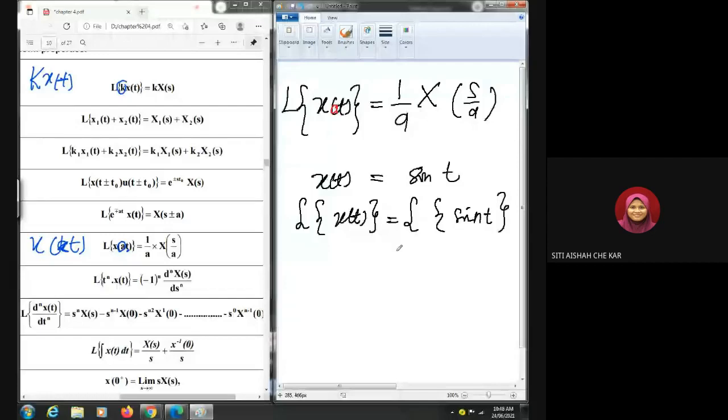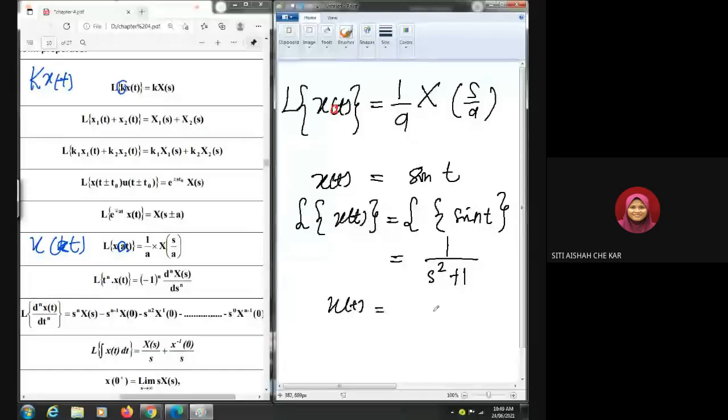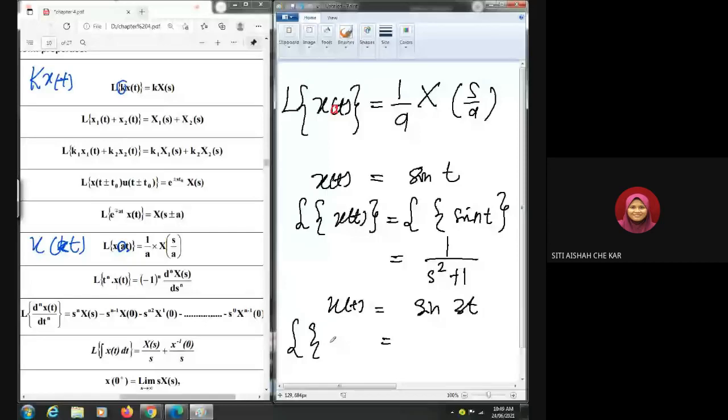Okay, good. Okay, so now I change, I modified the equation. I have the new x(t), which is my new x(t) is sine 3t. So I Laplace the sine 3t. So what will gonna be my answer?